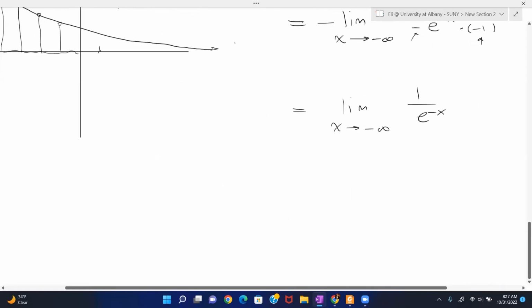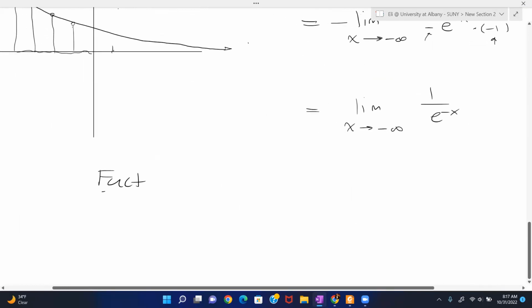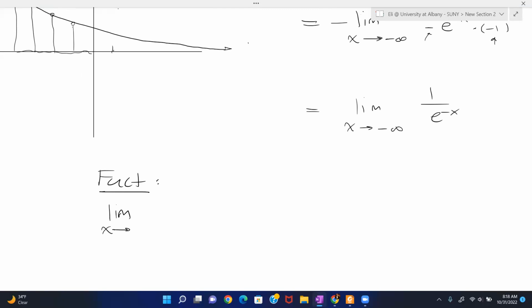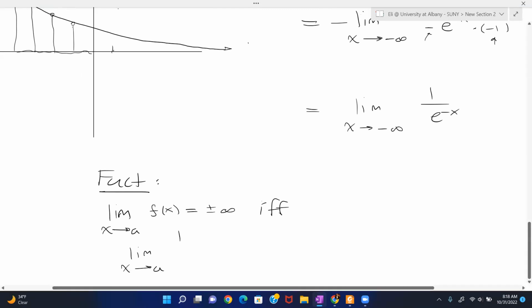Now, there's that fact I wrote about last time. We have the following fact: if x approaches some number a, and you're taking the limit of f of x, and you know that that is plus or minus infinity, that's the case if and only if the reciprocal function goes off to 0.